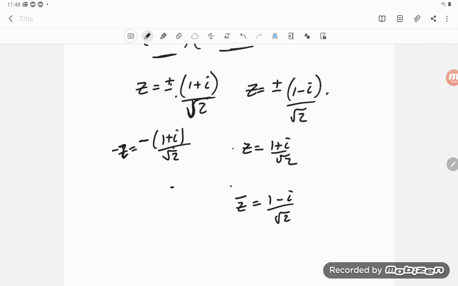And then finally, negative z conjugate would have been the negative of 1 minus i over the square root of 2. So there are those 4 points we looked at earlier in section, I think, 5.3. Okay, so that's our theorem 5.4.3 and kind of an example to go with it there.